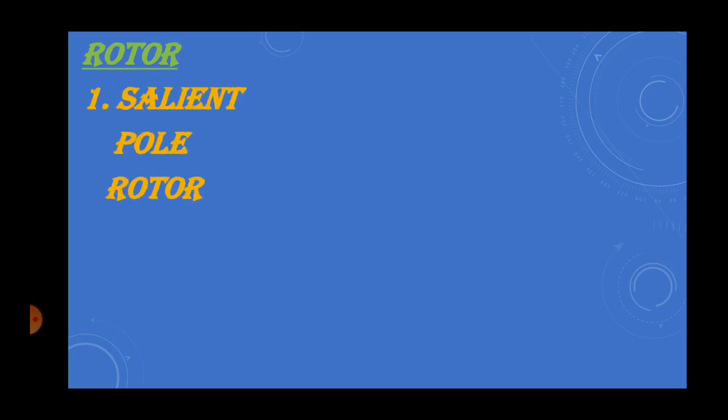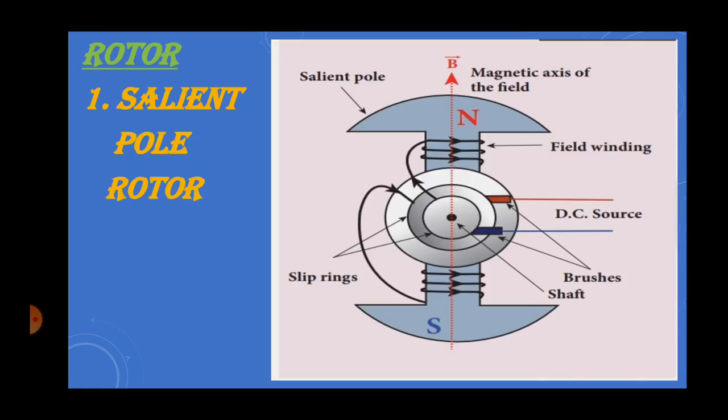Next, construction of the AC generator rotor. There are two types of rotors used in alternators or AC generators. The first type is the salient pole rotor, and the second type is the cylindrical pole rotor. First of all, the salient pole rotor. We have the magnetic field coil.